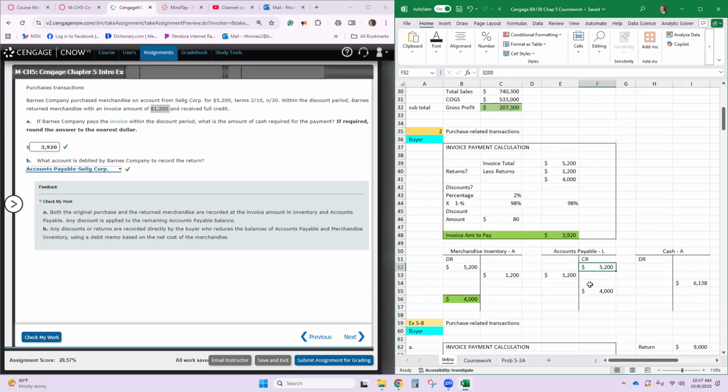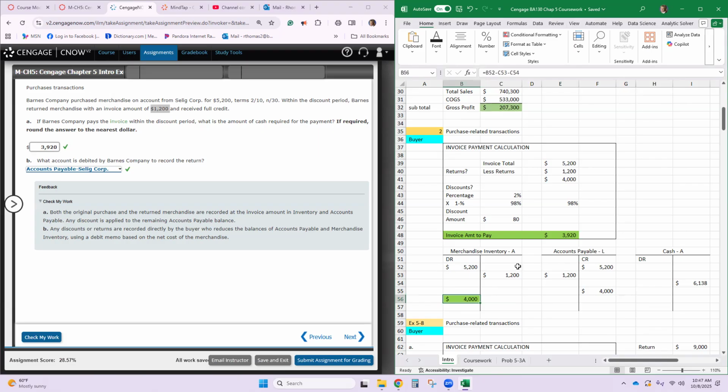We return an amount, so whatever we return has to come out of inventory, and we also want to make that go out of accounts payable too. So we're down to $4,000 in accounts payable, and merchandise inventory is $4,000.